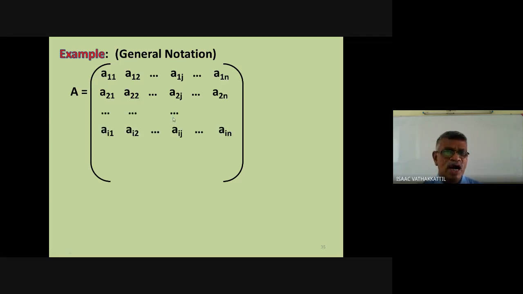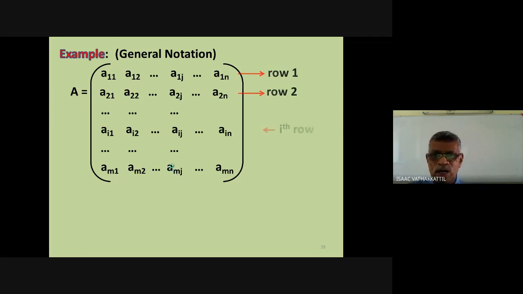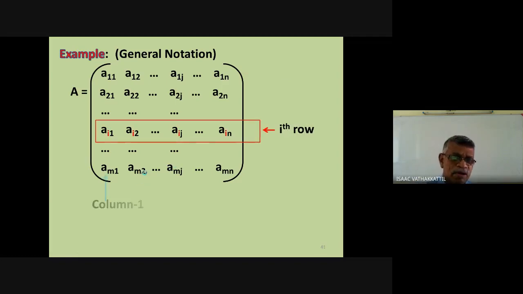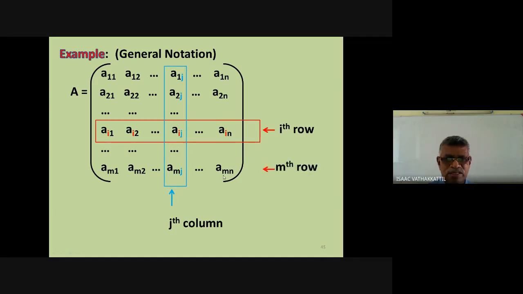So we go for the ith row: Ai1, Ai2, etc., Ain. And last I have m rows, the mth row, Am1, Am2, etc., Amn. So I have row 1, row 2, the ith row, and columns: column 1, column 2, etc., the jth column is here. I have m rows and n columns. This last is the mth row, and here we have the nth column.